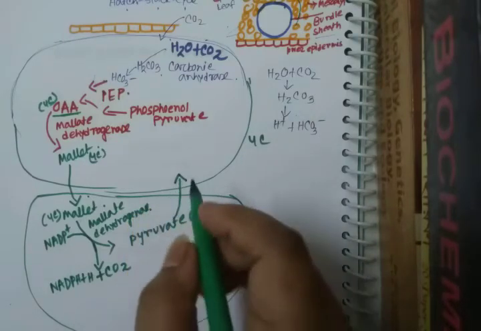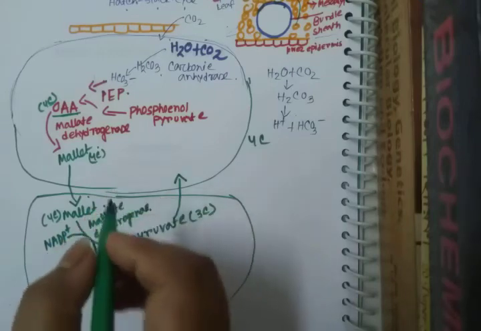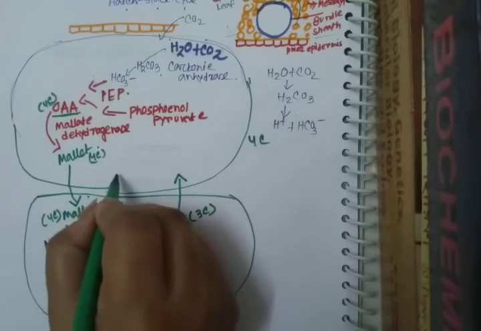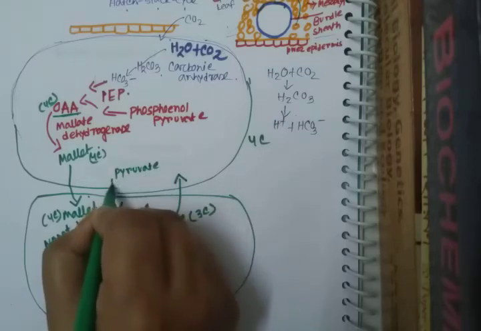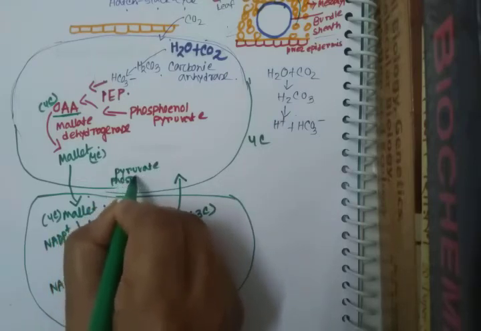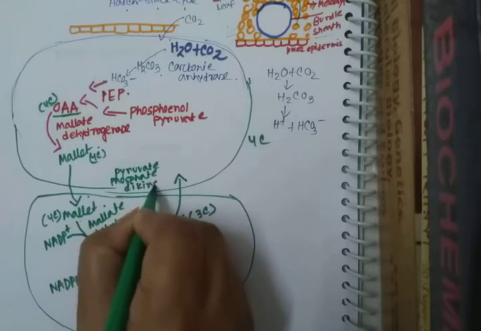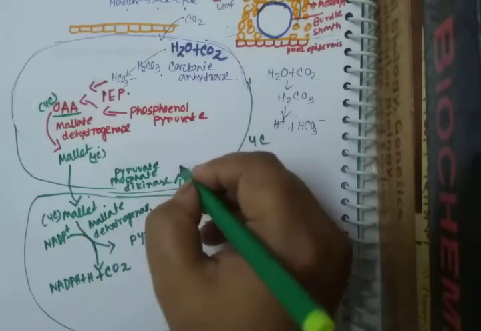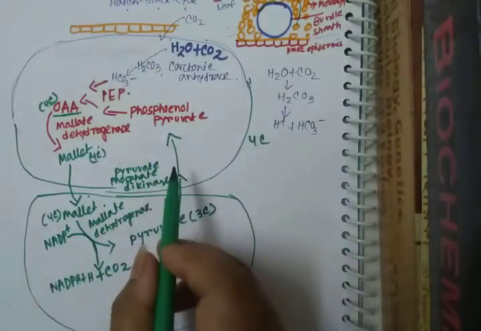the mesophyll cells. And here another enzyme is required, that is pyruvate phosphate dikinase, and it will give us the phosphoenol pyruvate.